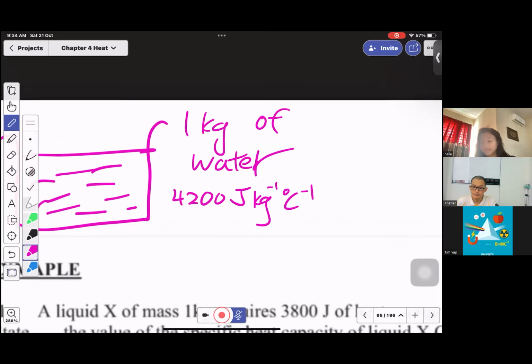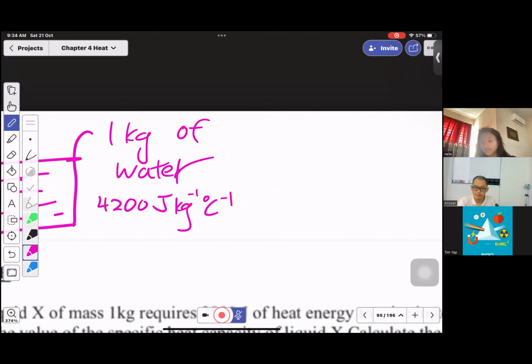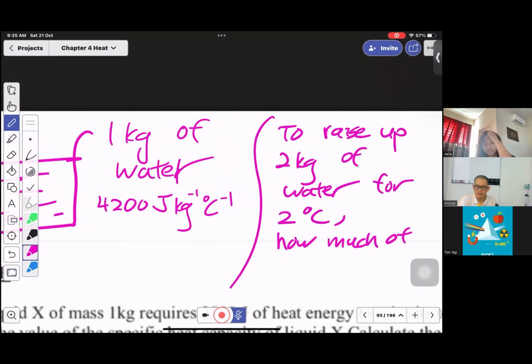Okay, to raise 2 kg of water by 2 degrees Celsius, how much heat energy is needed?